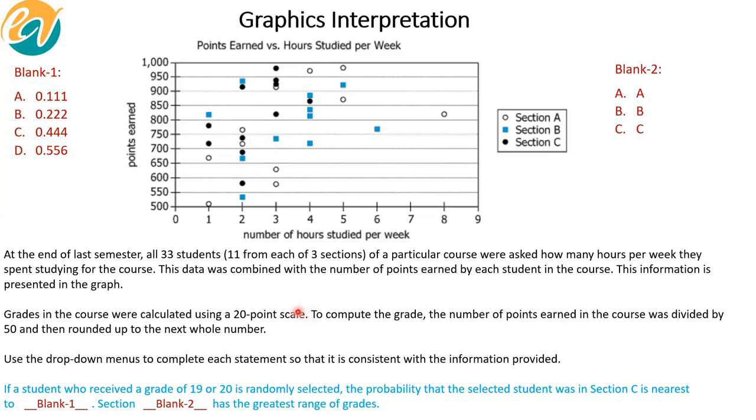So essentially the way you read this is that there are 33 students, and the data for each of the 33 students is plotted. For example, let's take this student. What does this data point represent?